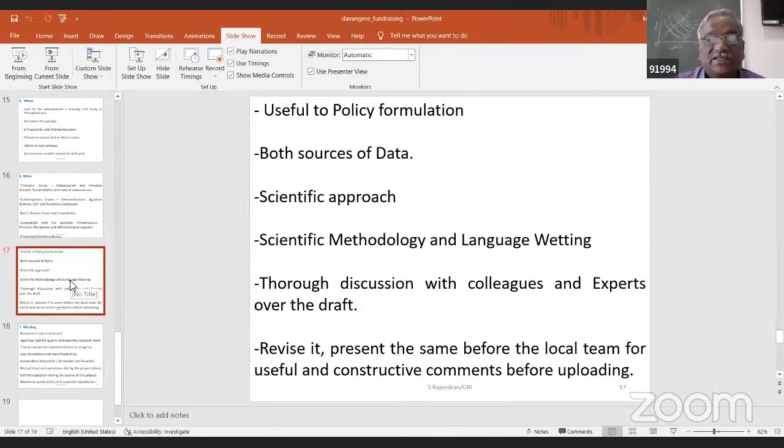So based on the comments, suggestions, and opinions given by the experts and your peers, please revise them. There is no harm in it. Present before the local expert team, like research teams or deans, etc., for useful and constructive comments before uploading or sending the proposal to the funding agencies.